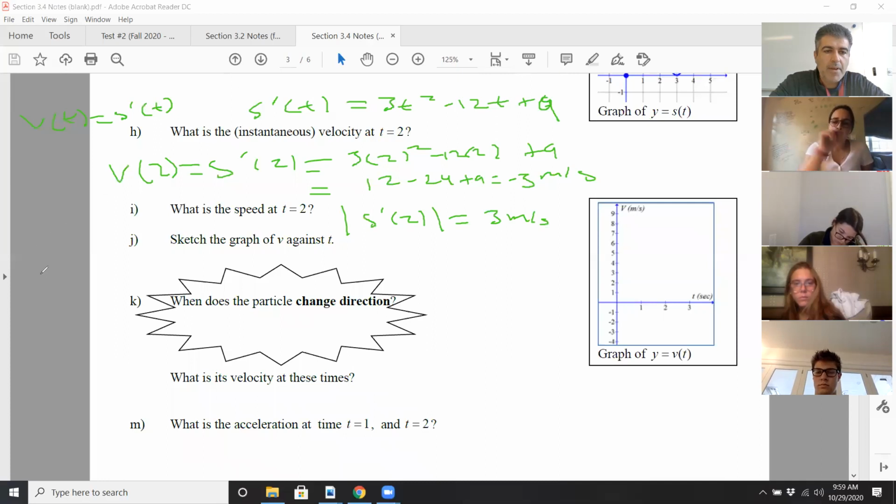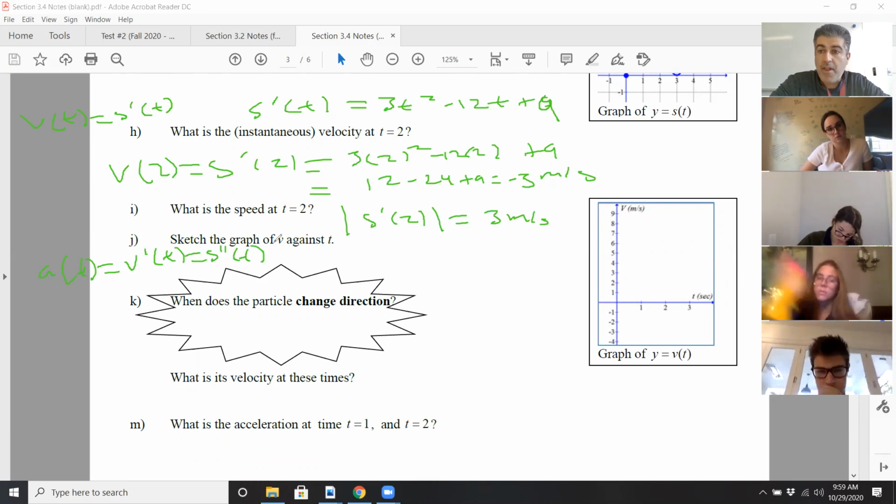And by the way, acceleration will be v prime of t, which is s double prime of t, because we are going to talk about that as well later in this problem. But speed is always a positive value. So it's just the absolute value of velocity.